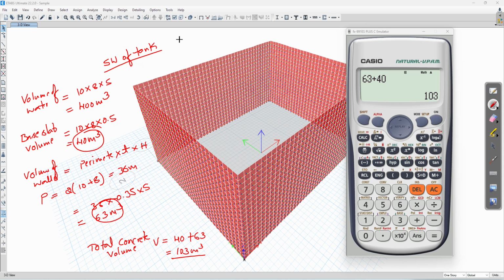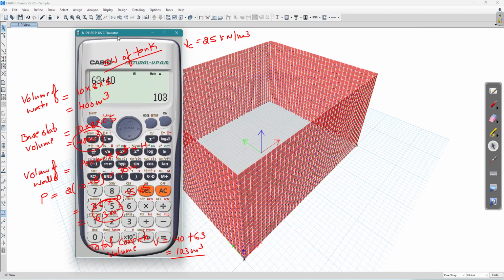If we assume the density of concrete as 25 kilonewton per meter cube, then the concrete weight would be volume multiplied by density 25 kilonewton per meter cube.